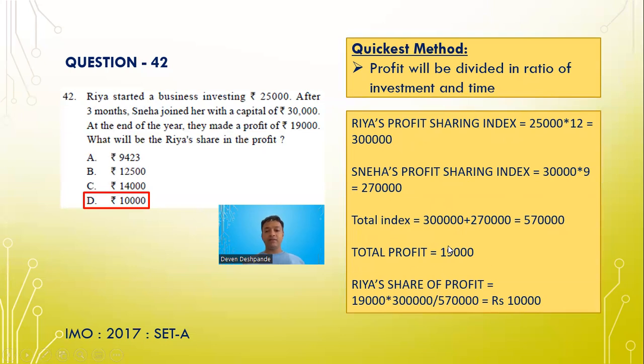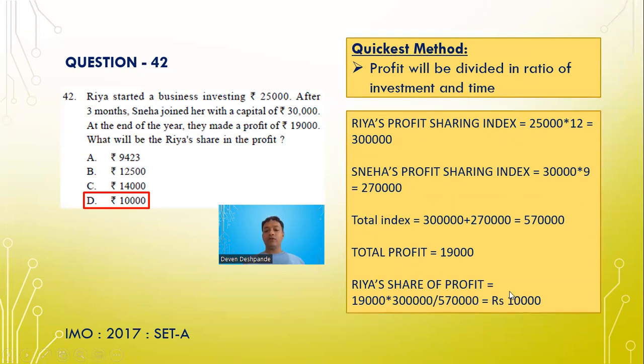And total profit is 19,000. So what is Ria's share of profit? Ria's share of profit is 19,000 into Ria's profit sharing index, which is 3 lakhs, upon total investment into time, which is 5,70,000. So 19,000 into 3 lakhs upon 5,70,000.